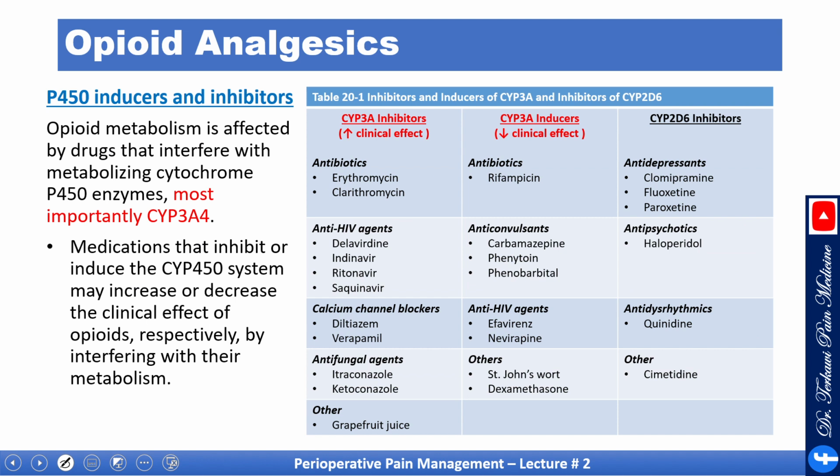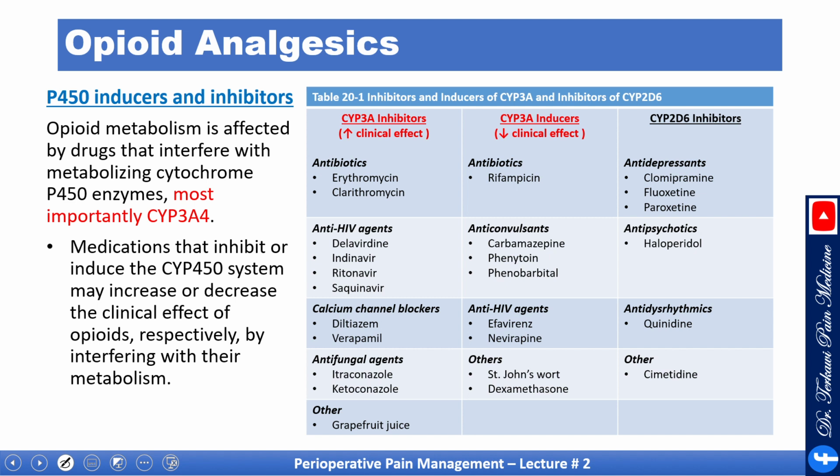Now, P450 inducers and inhibitors. This is also important to consider and look for when you are using opioids, not only in the postoperative period, opioids in general. Opioid metabolism is affected by drugs that interfere with the metabolizing cytochrome P450 enzymes, most importantly, CYP3A4.